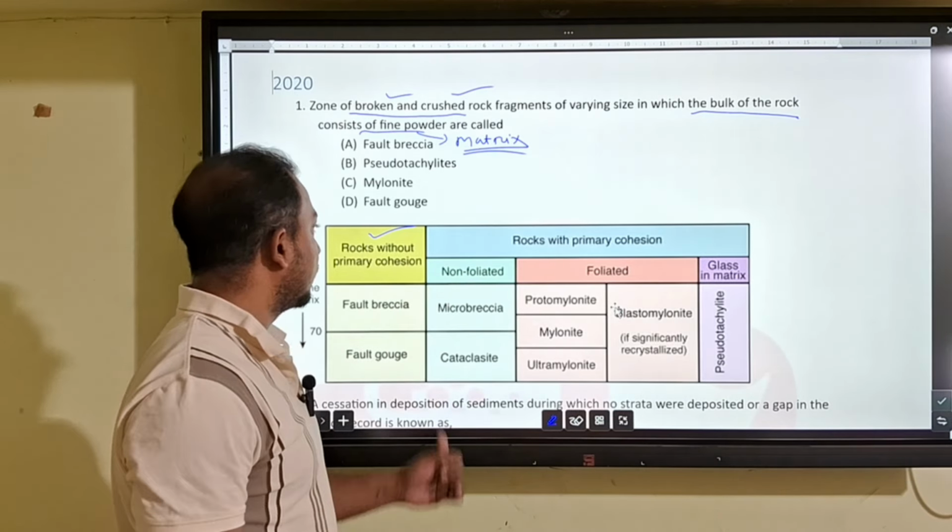Then with primary cohesion, we have majorly two types: one is non-foliated, one is foliated. In the non-foliated category, we have microbreccia and cataclasite. In the foliated category, we have mylonite. And in glassy matrix condition, it is pseudotachylite. So pseudotachylite, microbreccia, fault gouge and fault breccia are all brittle rocks. Only mylonite here is a ductile rock.